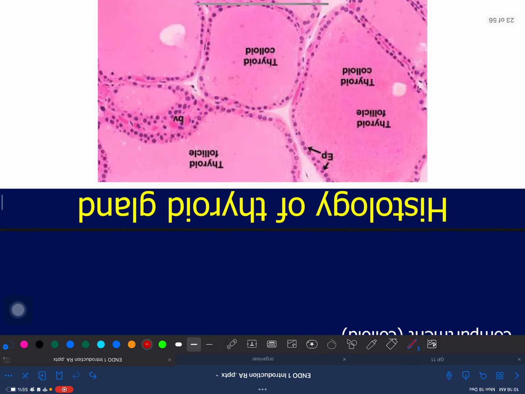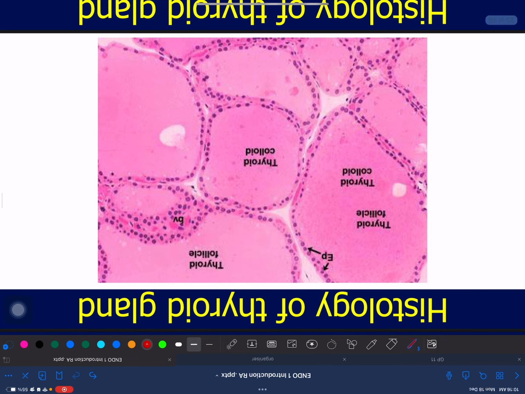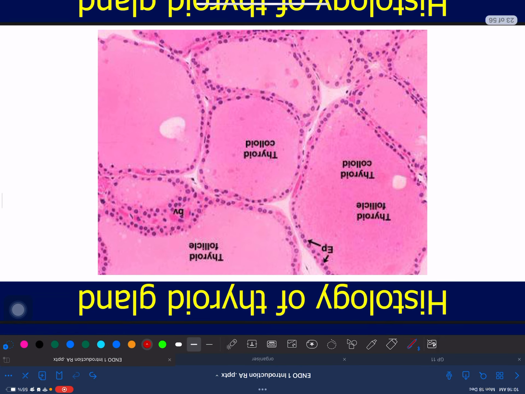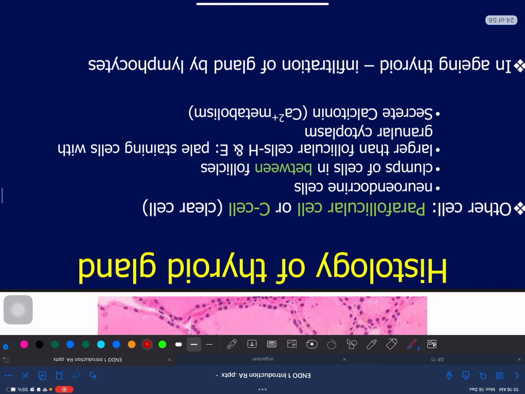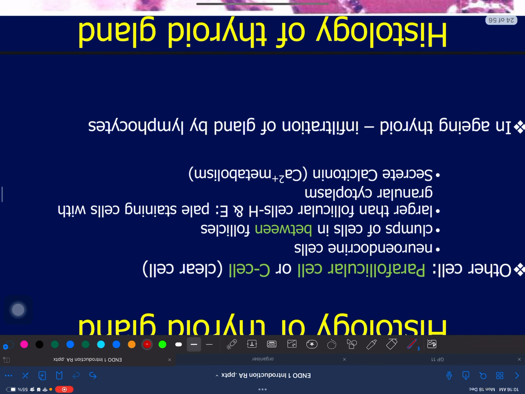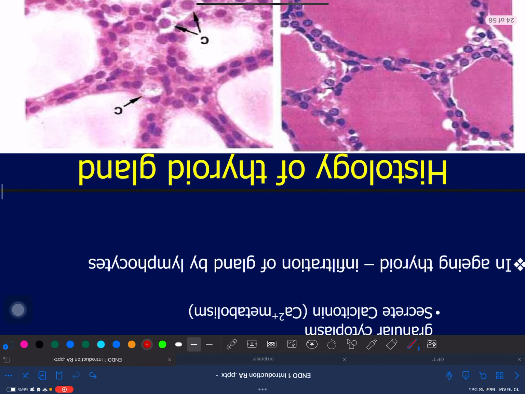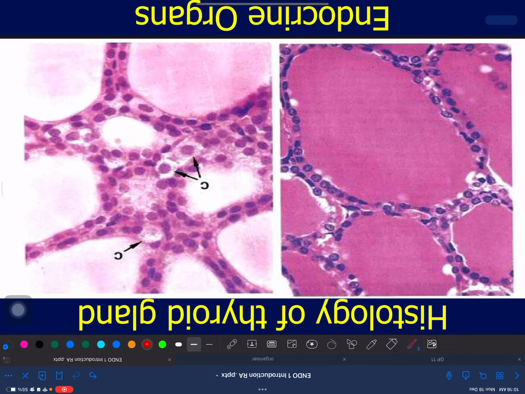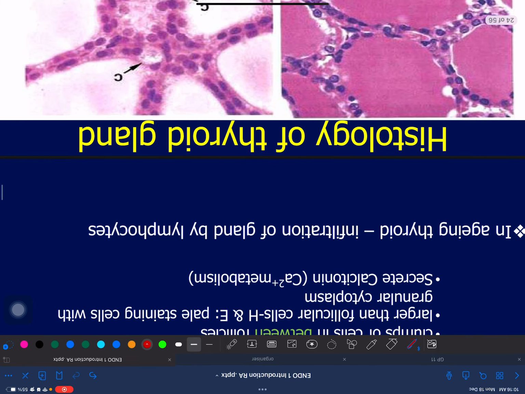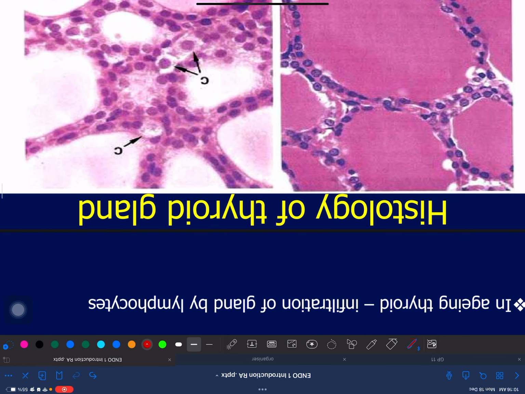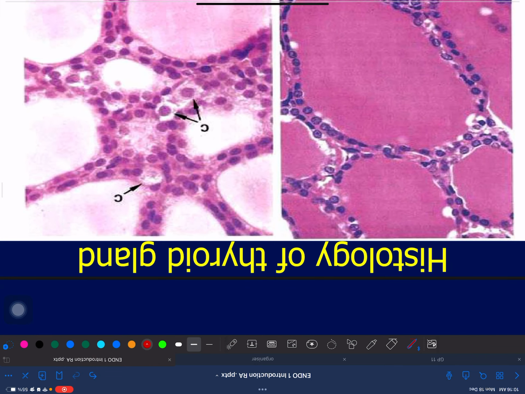Okay, again, this is all the colloids, this is all the inactive parts. Okay, so if there is presence of other cell, which is C cell or clear cell or parafollicular cells, okay, it's between the follicles. Okay, this is C cells, okay, clear cell. Yeah, I hope you can see during the histology practical later.